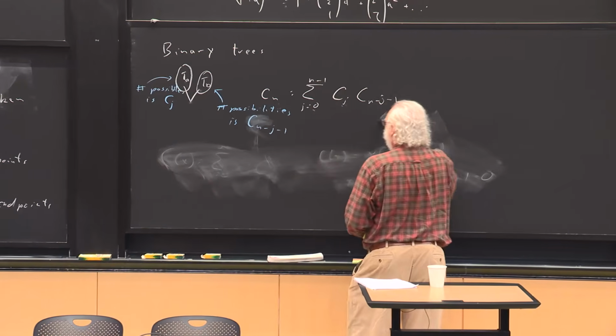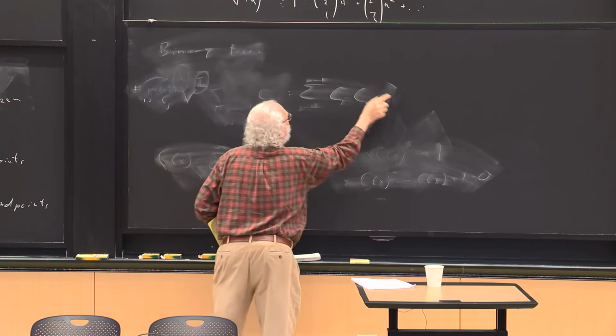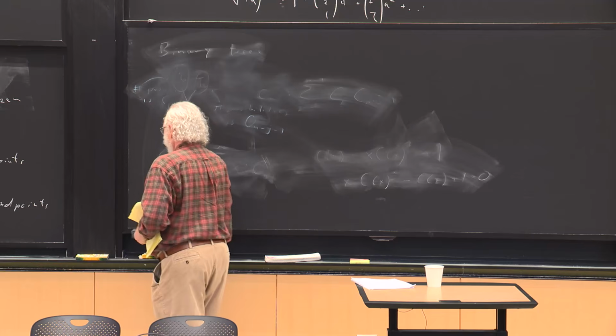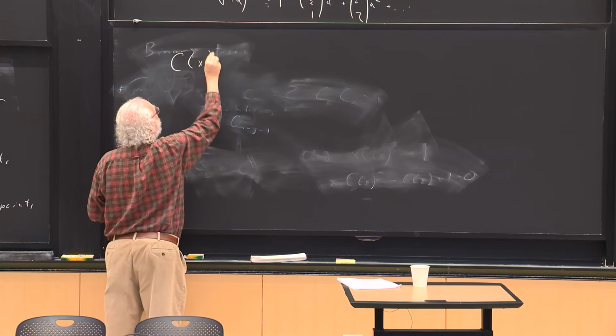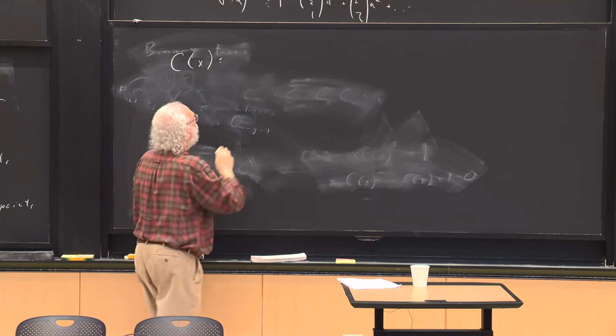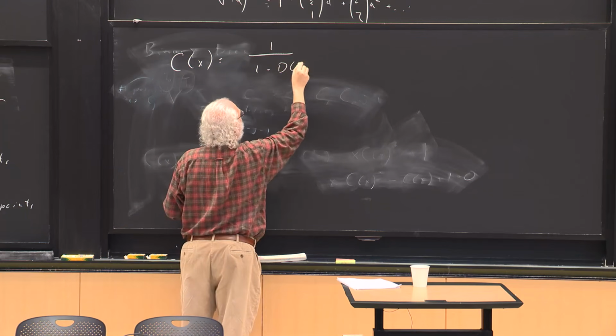So c of x is equal to 1 over 1 minus d of x, right?